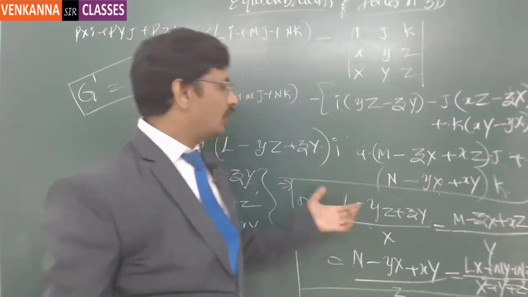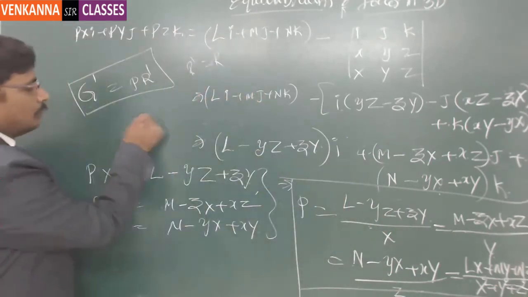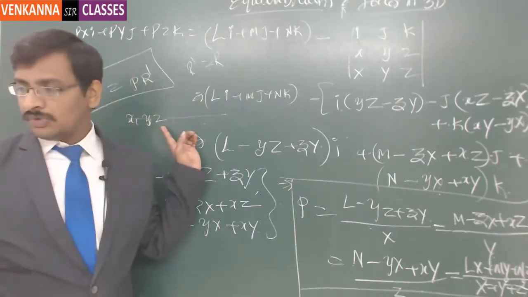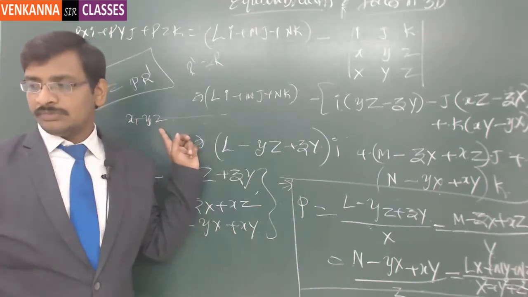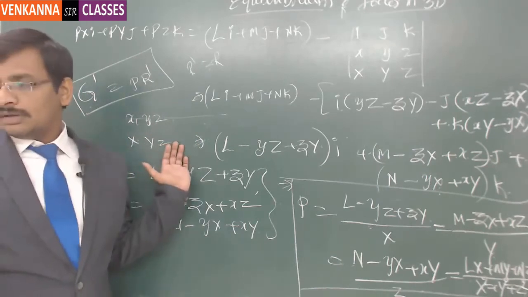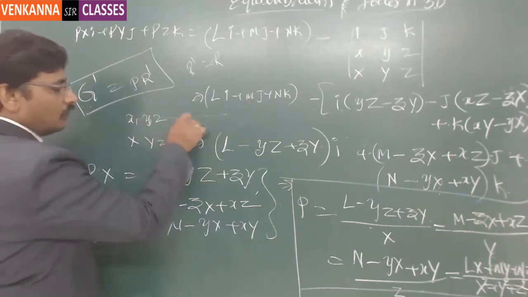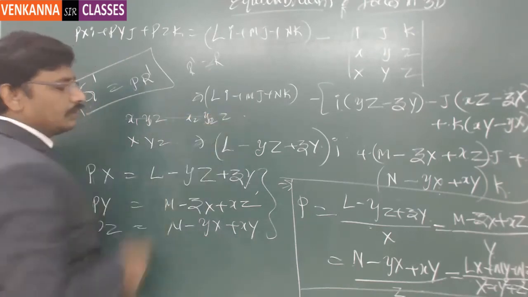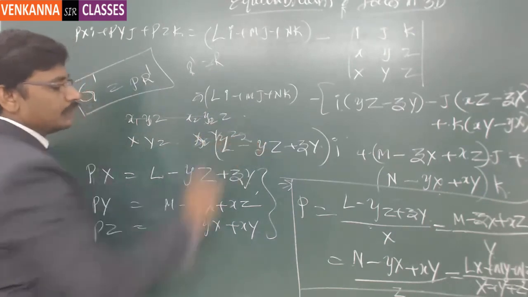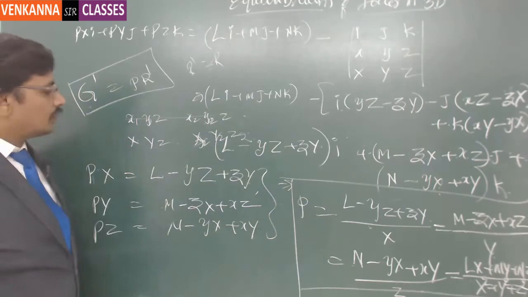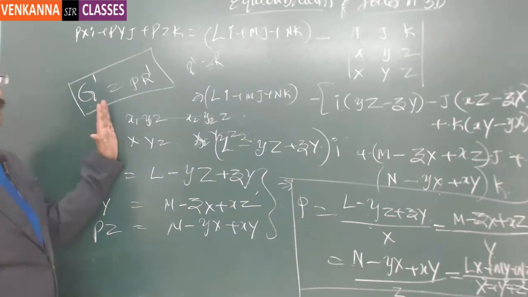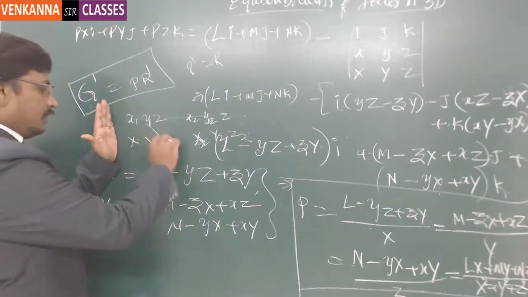In that method, you put one location x, y, z, which is the position of the point of action of the force, and the corresponding force components on the second line, and then the second force's location x2, y2, z2, and the corresponding force components of the second force. Now if you notice in this relation, minus yz plus zy, so for the component of x, this is going to be yz minus zy.